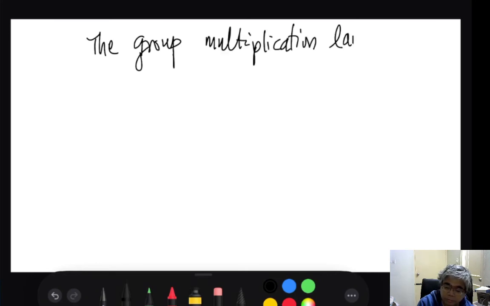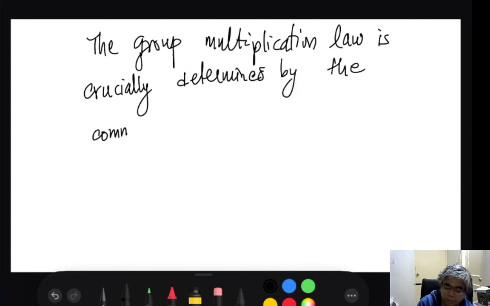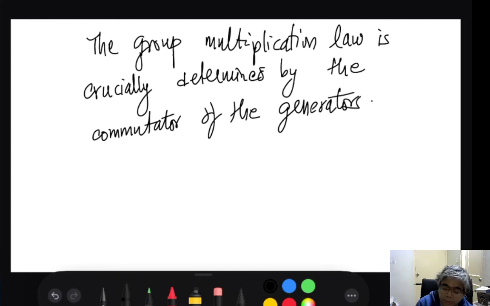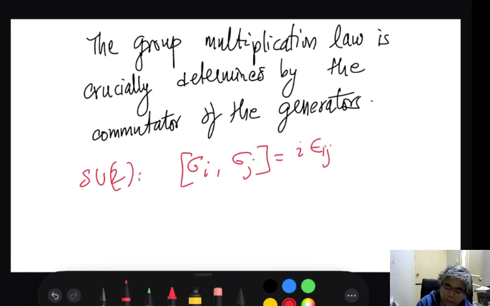So the group multiplication law is crucially determined by the commutator of the generators. The commutator of the generators for SU2 is sigma i, sigma j equals i epsilon ijk sigma k.